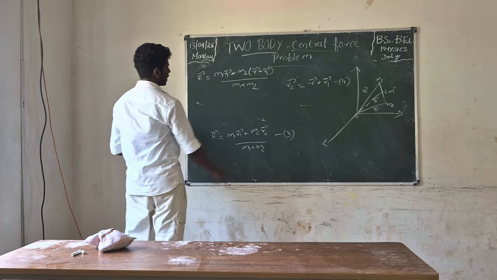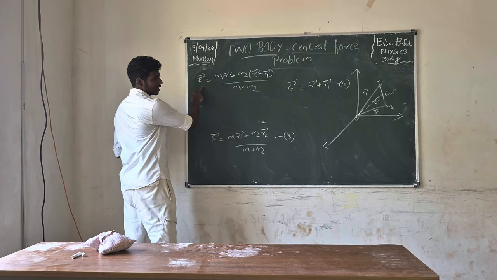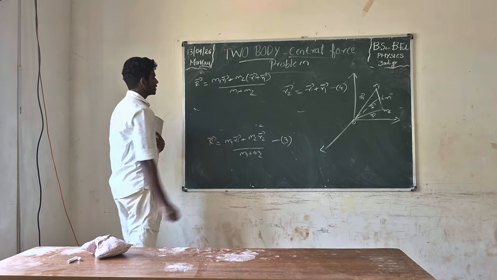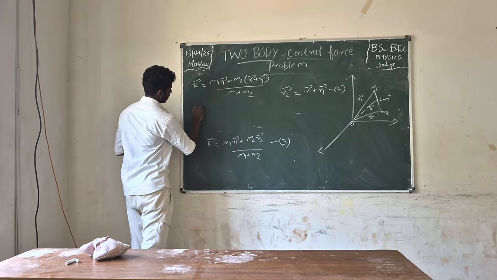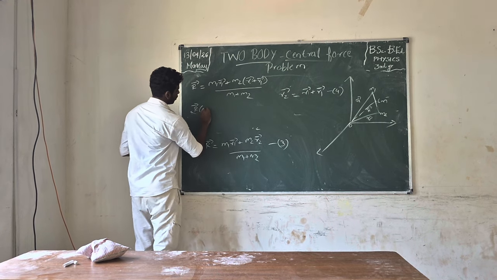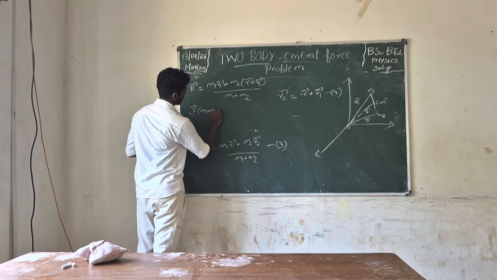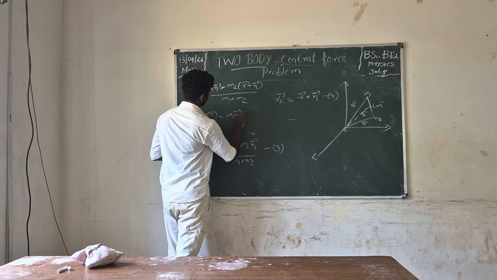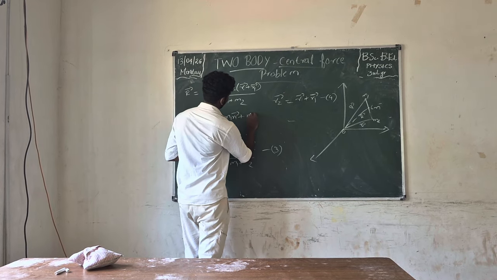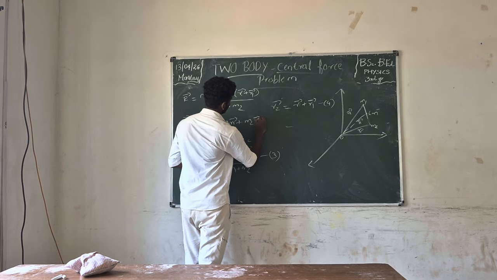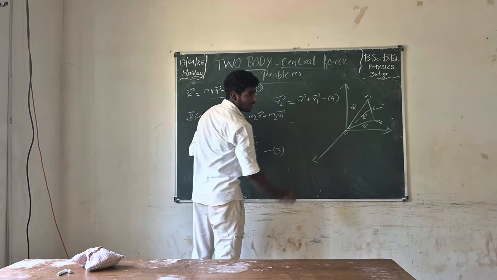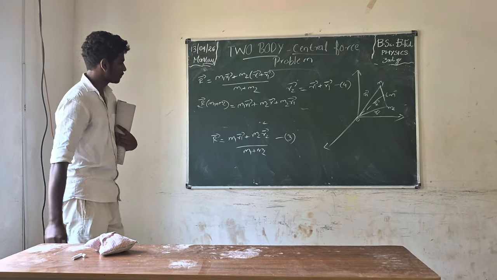From here we can take m1 plus m2 to this side and remove the brackets and expand, so it becomes capital R into m1 plus m2 equal to m1 vector r1 plus m2 vector r plus m2 vector r1, right?